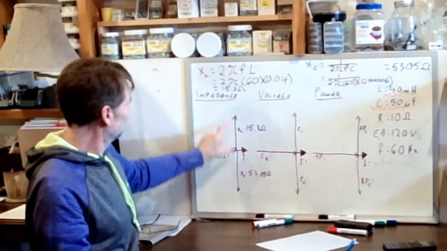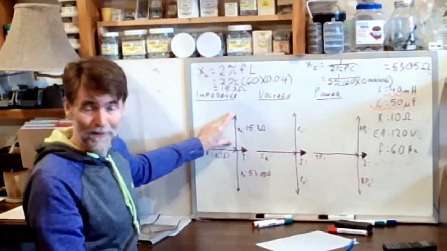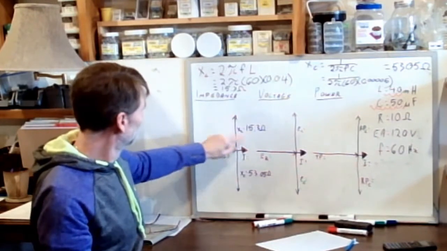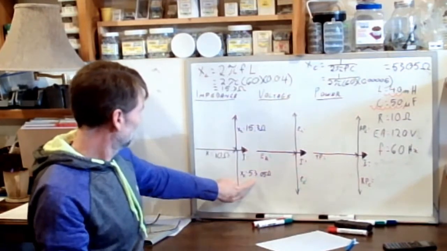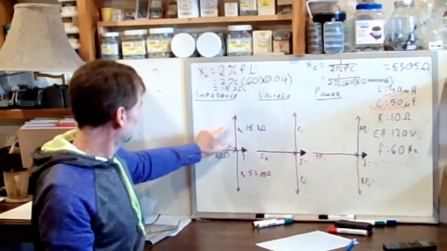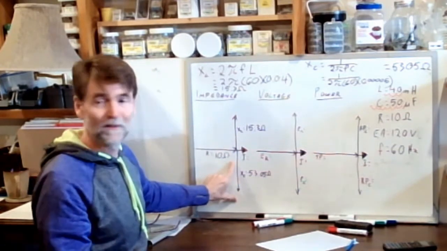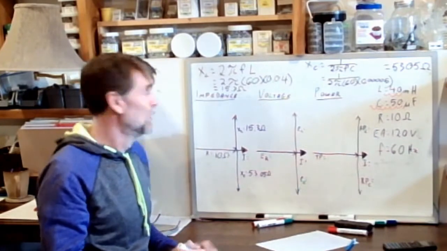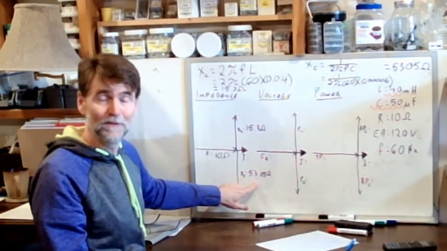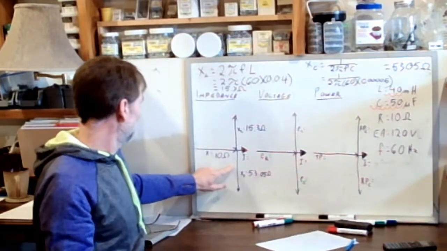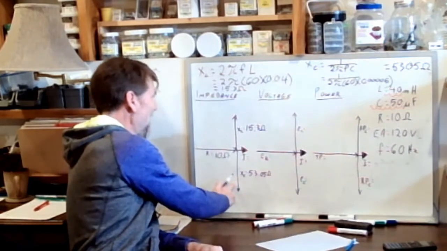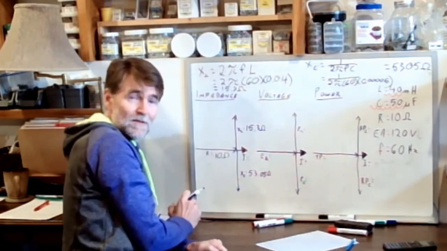I drew this vector and this vector roughly the same length when I drew it, because I didn't know what to expect. Now I have some numbers. 15 compared to 53. Okay, so this vector is really very short compared to a very long vector here. So when we subtract these two values and figure out what we have left, it's going to be capacitance that we have left, not inductance.